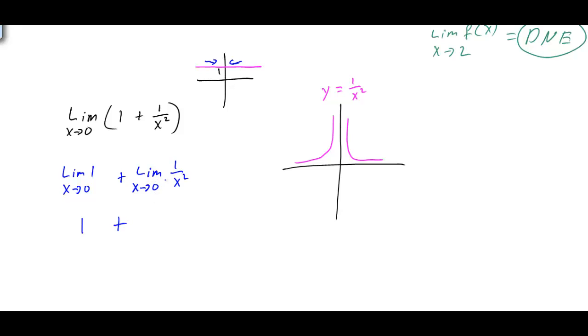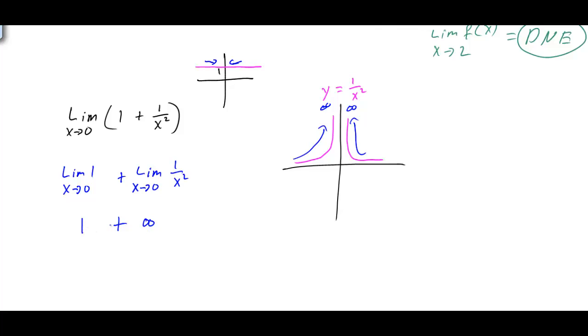And then if we look at the limit of 1 over x squared, well, here's the graph of 1 over x squared. If we approach the limit there from the left and from the right, both of these are going to infinity. So that means the limit doesn't exist, or we could say it's going to infinity, which means it does not exist.